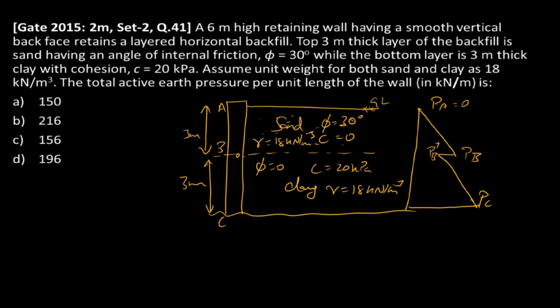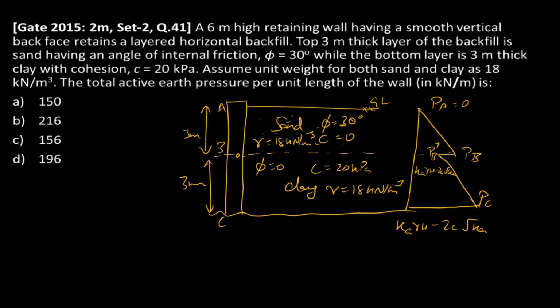And PC will be the pressure distribution at the bottom layer of the clay, which is Ka gamma H minus 2C root Ka. Similarly, B dash will be given by Ka gamma H minus 2C root Ka.